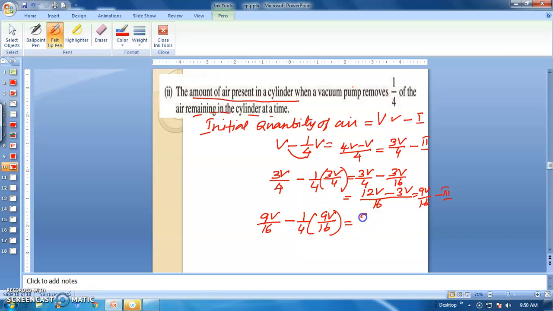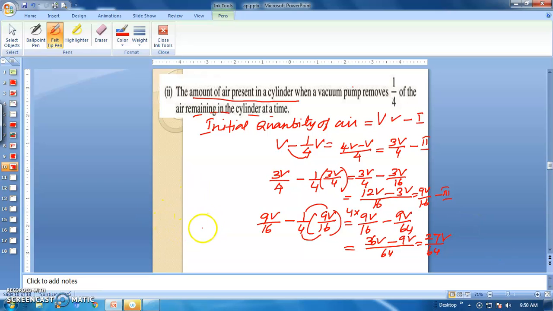So when you multiply this, 9V by 16 minus 9V by 64. Now the LCM is 64, so here you need to multiply with 4. 9 4s are 36V minus 9V, so when we subtract this, 27V by 64, right?